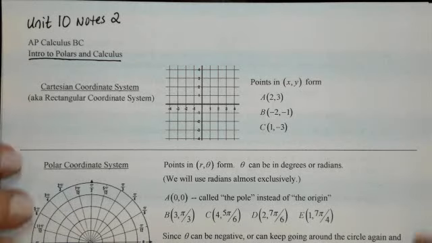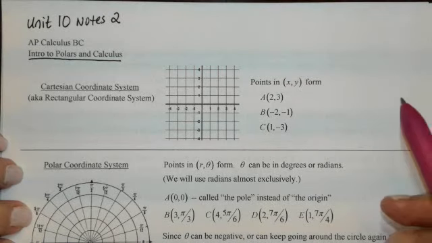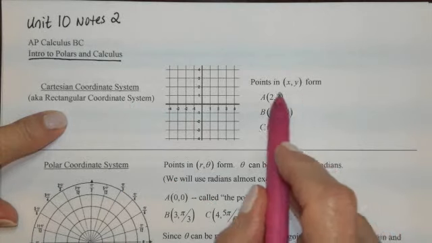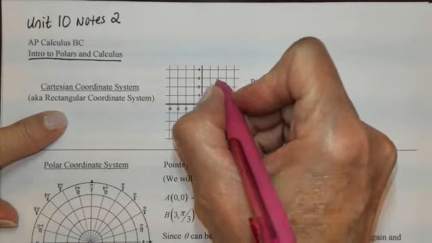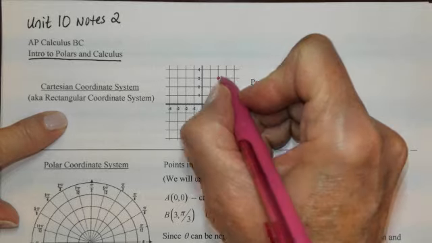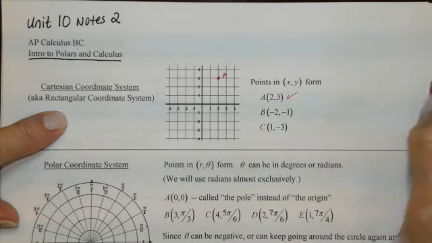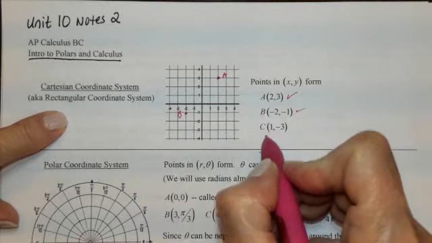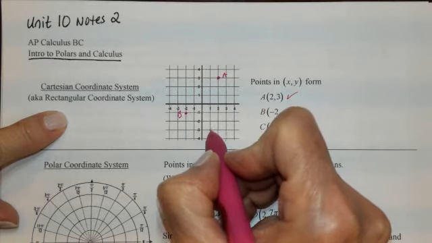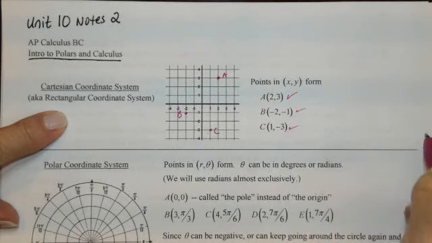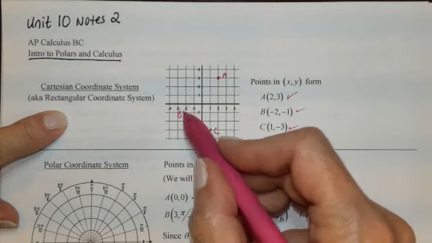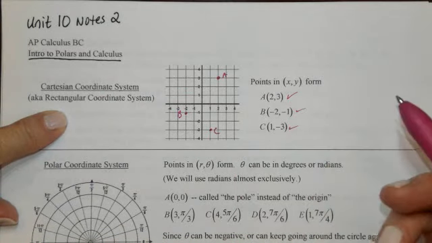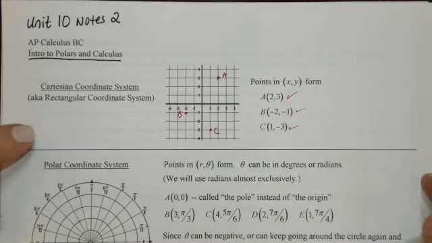All right, so first of all, we know a lot about the Cartesian coordinate system, and we can plot points in the Cartesian coordinate system all day long, right? There's point A, -2, -1 is right here for B, and 1, -3 would be right here for C. So we know, and we can graph lines, we can graph curves, we can graph a lot of things in the Cartesian coordinate system.